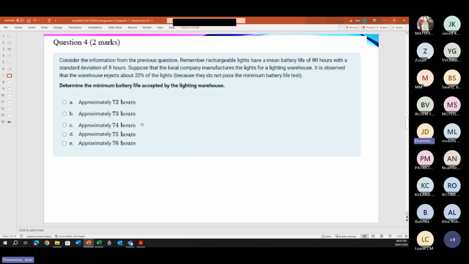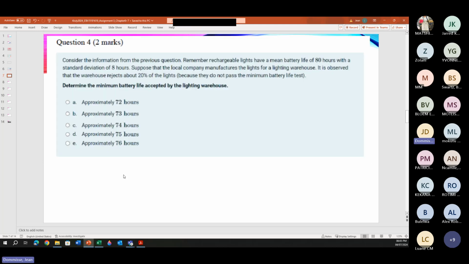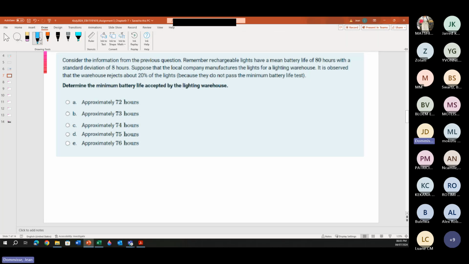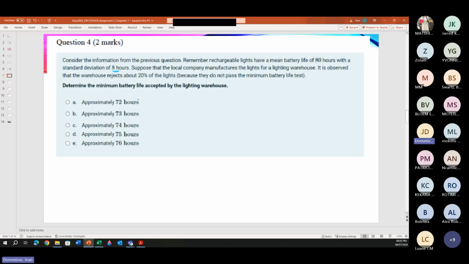And I think we've done one or two like this in our previous two sessions this week as well. So consider the information from the previous question. Remember, rechargeable lights have a battery life of 80 hours with a standard deviation of 8 hours.